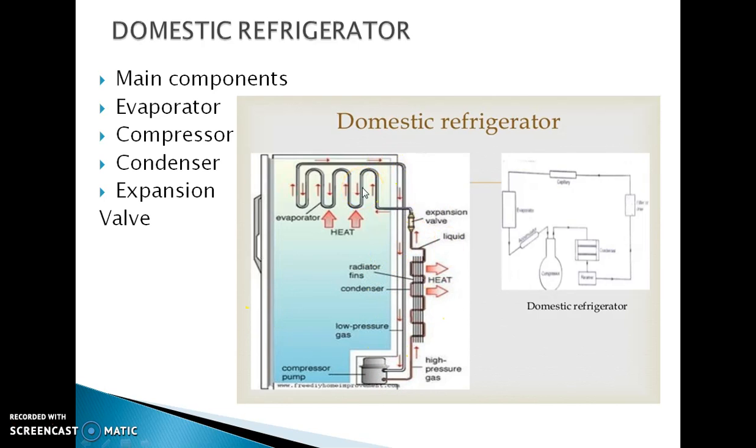The cooling effect is obtained in the evaporator section, that is in the freezer section. The rest of the compartments of the fridge get cooled with the help of natural convection. It means the air which is in the vicinity of the freezer section gets cooled.